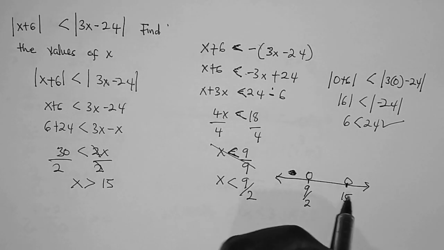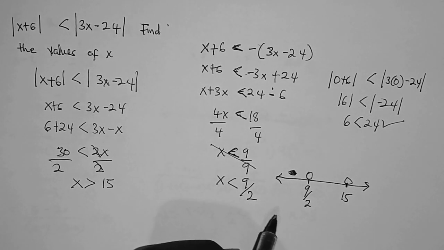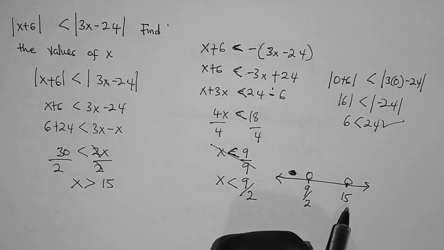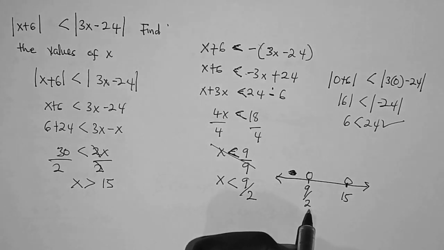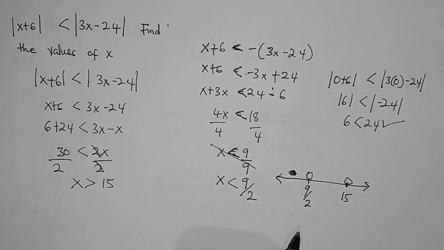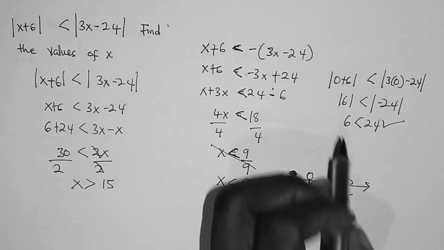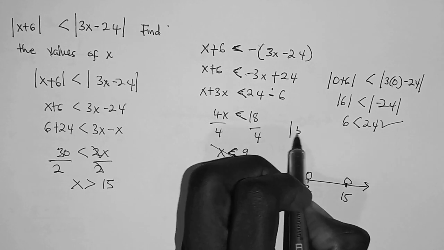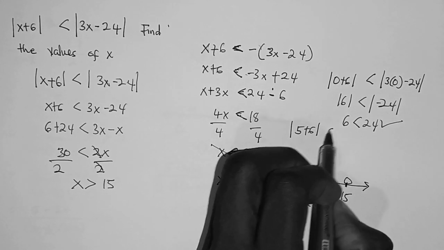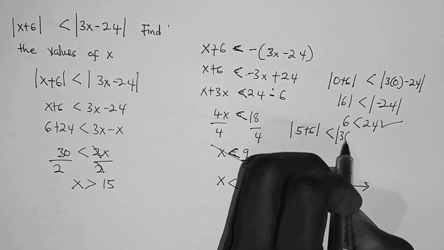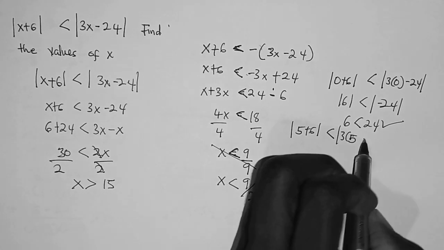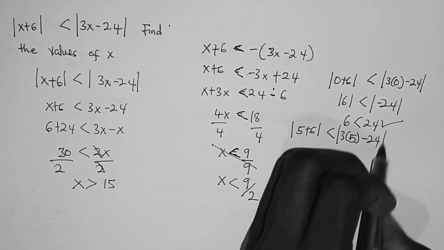Now, let's take a value between 15 and 9 over 2. 9 over 2 is 4.5. So let's take 5. 5 is within this region and test it. So 5 plus 6 is less than 3 times 5 minus 24.